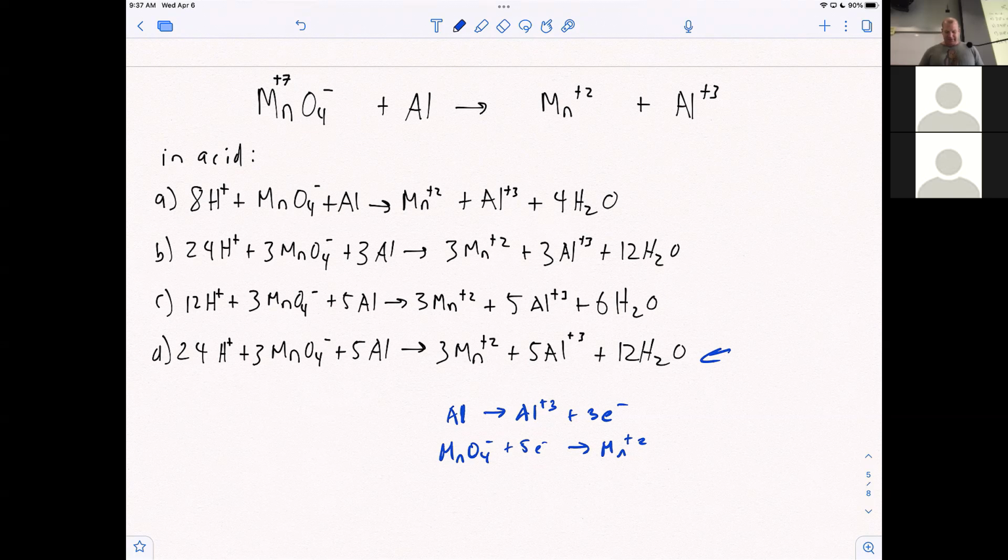It's going to be 3, 5, 3, 5, and you have 3 times 4 oxygens, so you need 12 waters, and you have 24 hydrogens, so you need 24 hydrogens on that side. So that's the way you would solve that one.